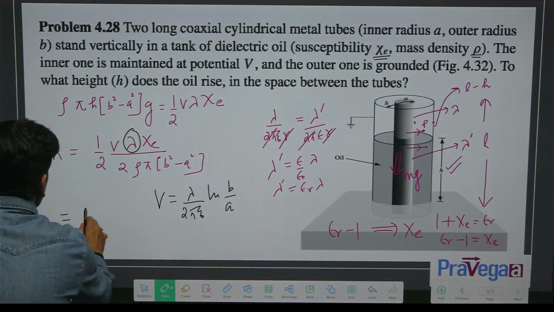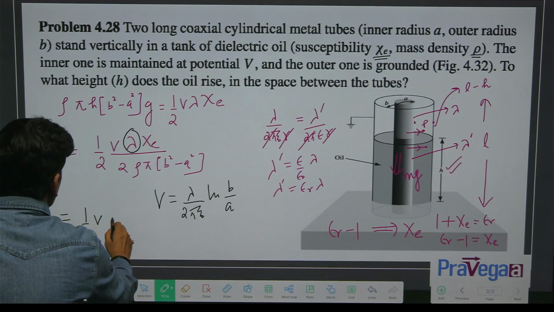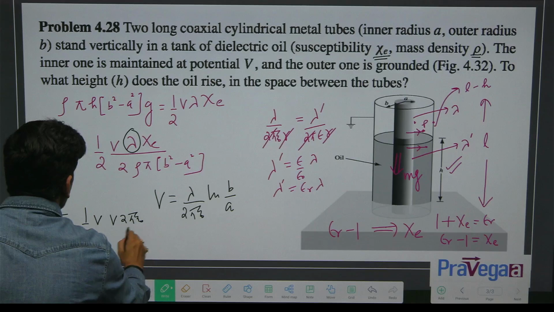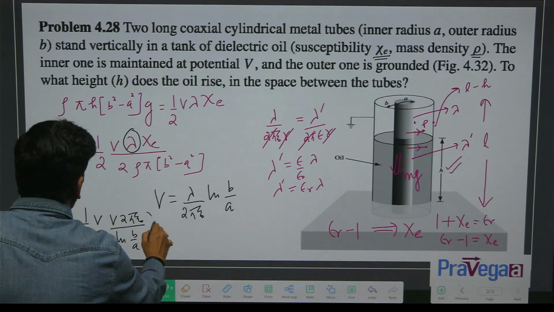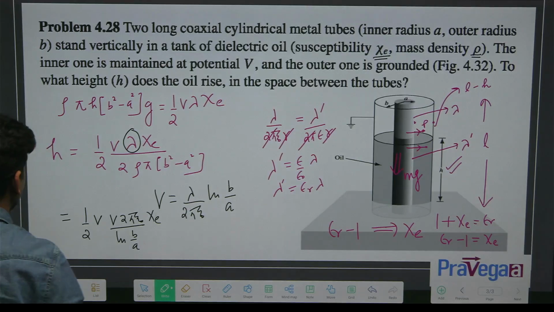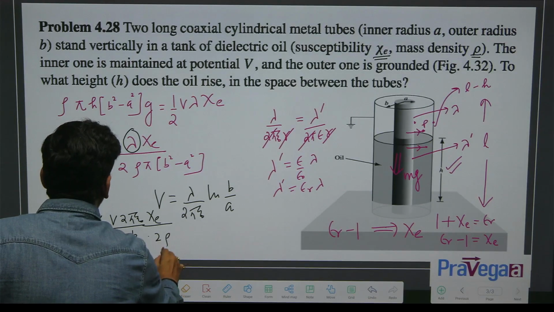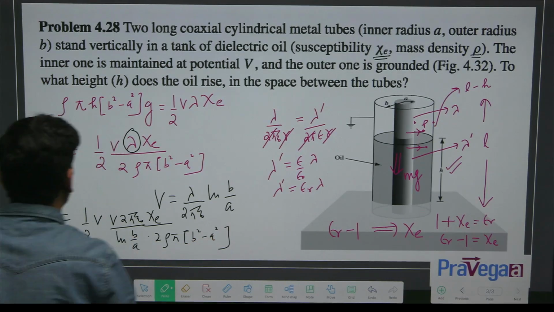It will become half V, lambda will become V into 2 pi epsilon naught upon ln b by a, and here it will become chi e, and here it will become 2 rho pi b square minus a square.